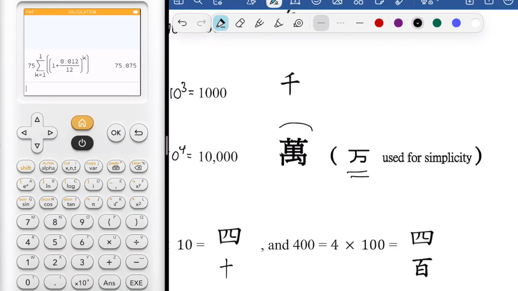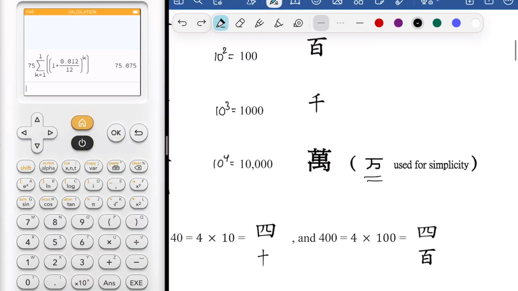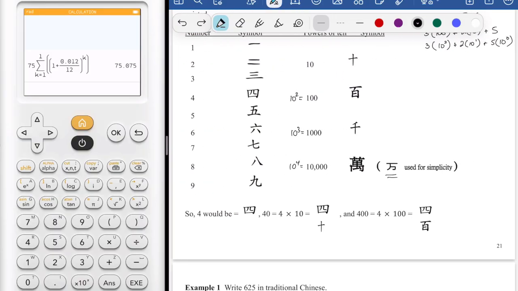So instead of this very intricate looking symbol, we could use something a little bit less complicated, right? So looking at the bottom here, the number 4 would simply be this symbol for 4. All right. But 40 we would look at as the product of 4 and 10 to the first power.